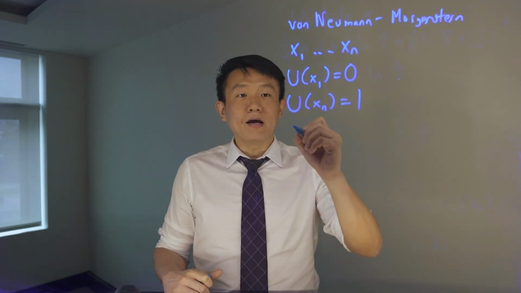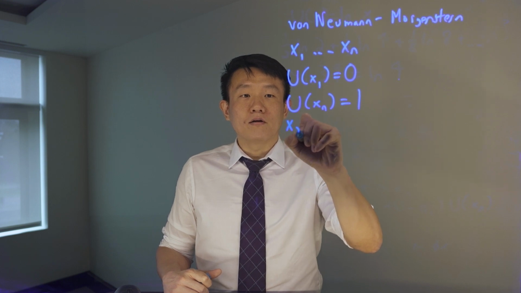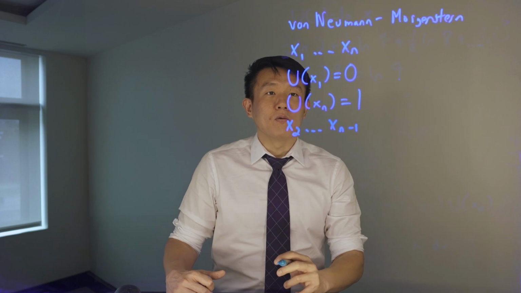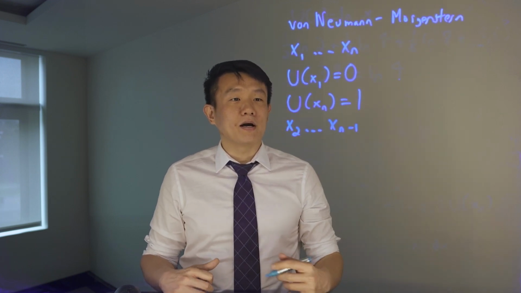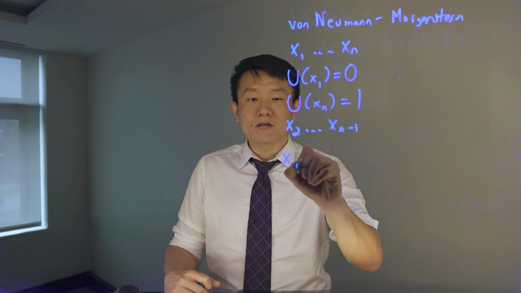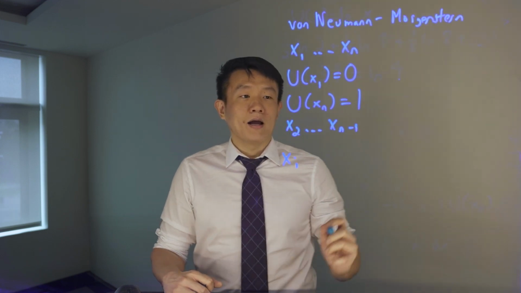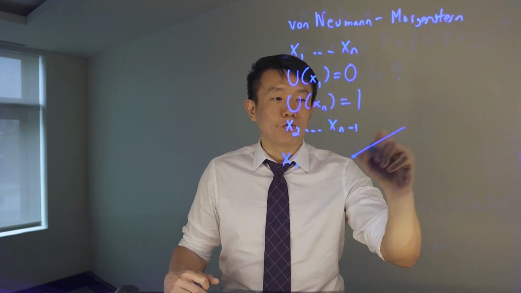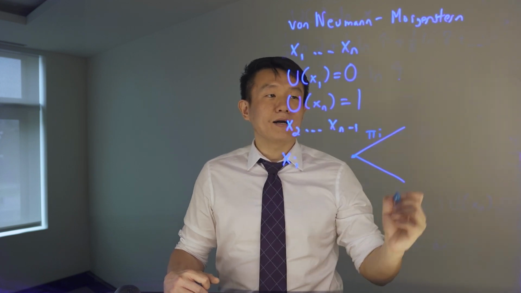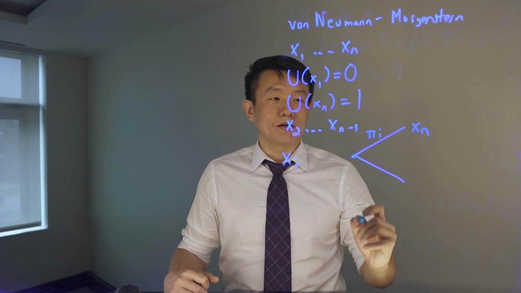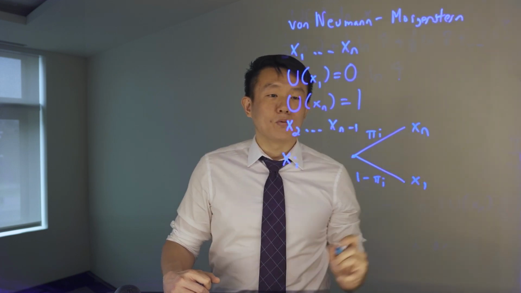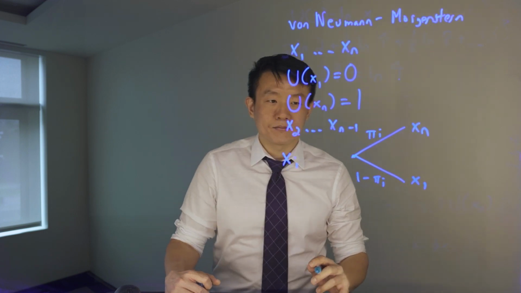Then, for all of the outcomes between the best and worst, we're going to find that utility by using the following procedure. We're going to take one of these middle outcomes, xi, and compare that against a random prospect, where with probability pi I, we get the best outcome, and with probability 1 minus pi I, we get the worst outcome.